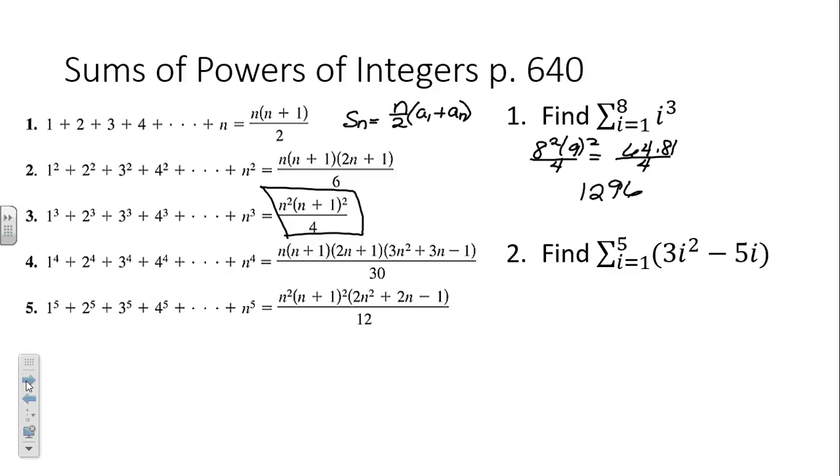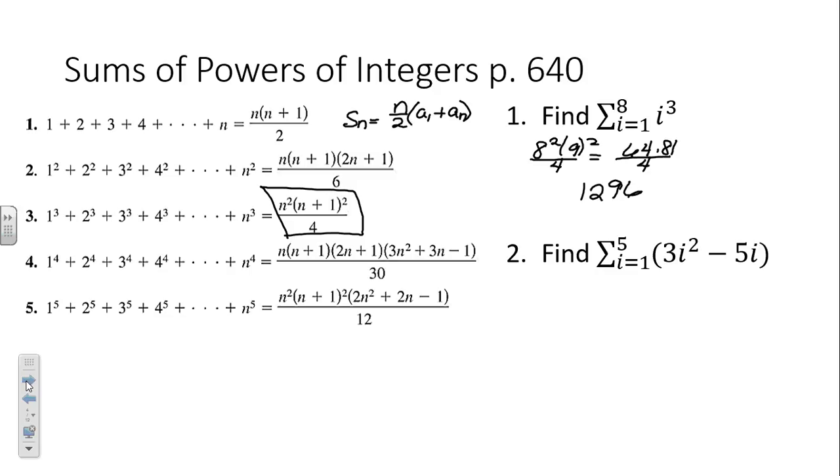Example 2 of this nature: we're trying to find the sum as i goes from 1 to 5 of a little bit more. This time we want 3 times i squared minus 5 times i. So we have a combined series, right?